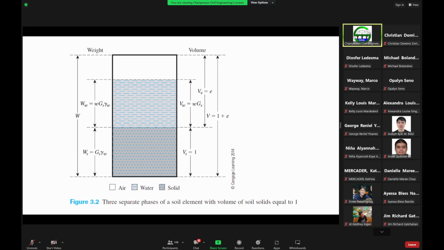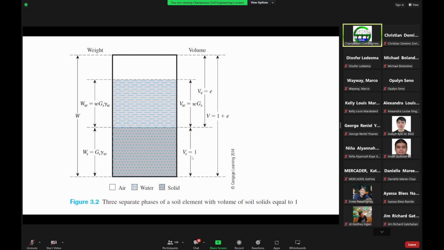If that is the case, then the total volume is equal to the volume of voids plus the volume of solids. But the volume of solids is equal to 1, so the total volume is just equal to 1 plus the void ratio.